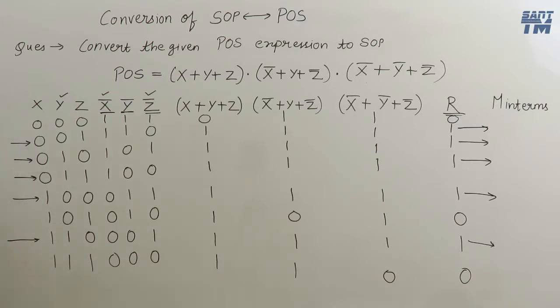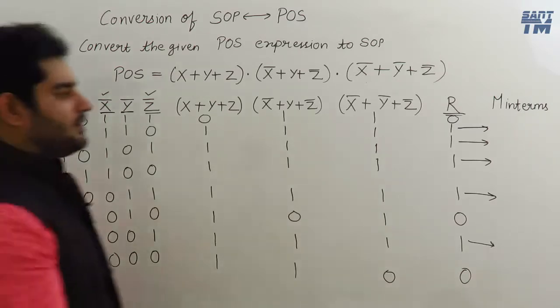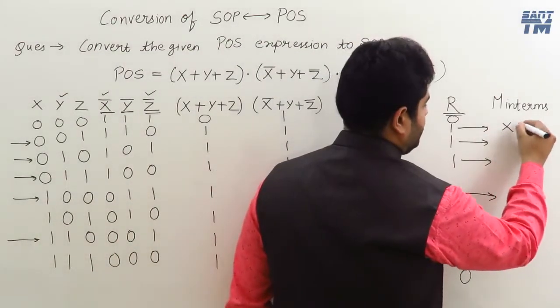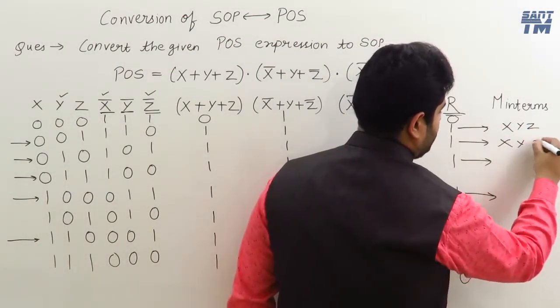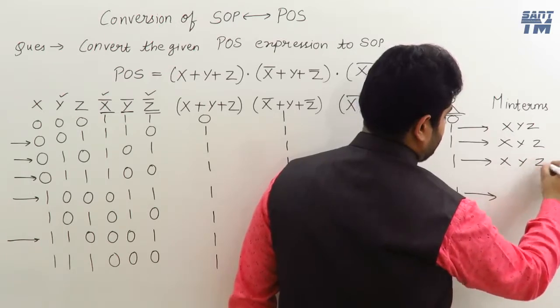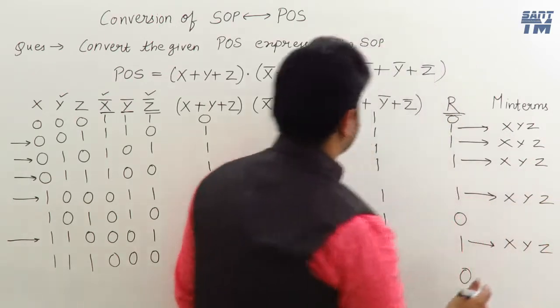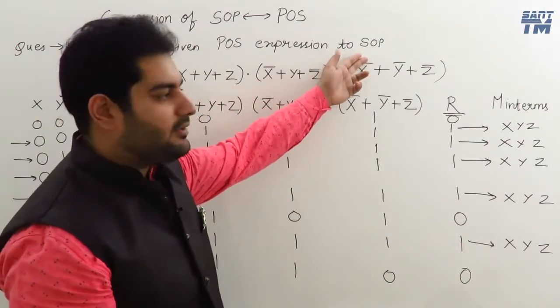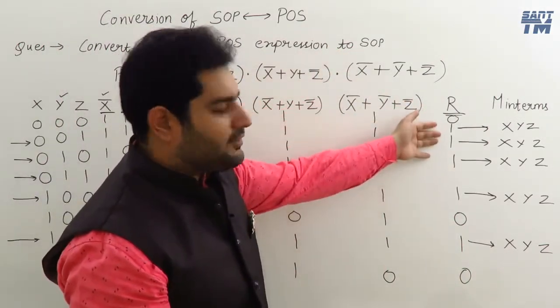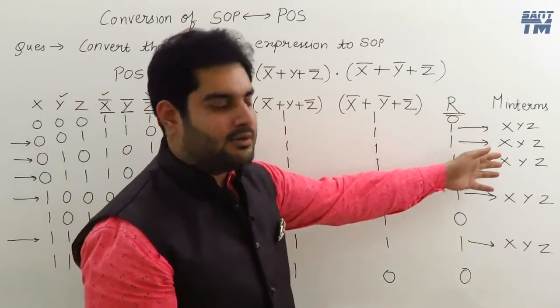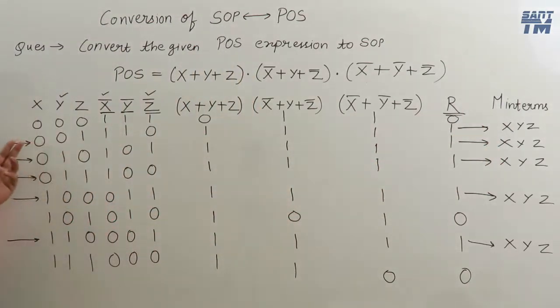Now we have to write the minterms. Minterms means product of literals. X, Y, Z, five times. Now in case of SOP, as we have to convert it to SOP, we take the 1 from the output and put a bar on 0. Whenever the literal has a 0 value, there will be a bar.